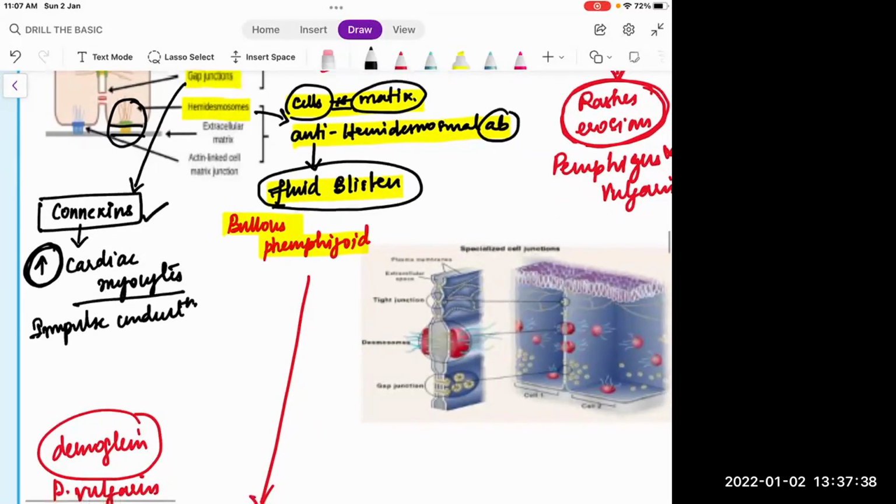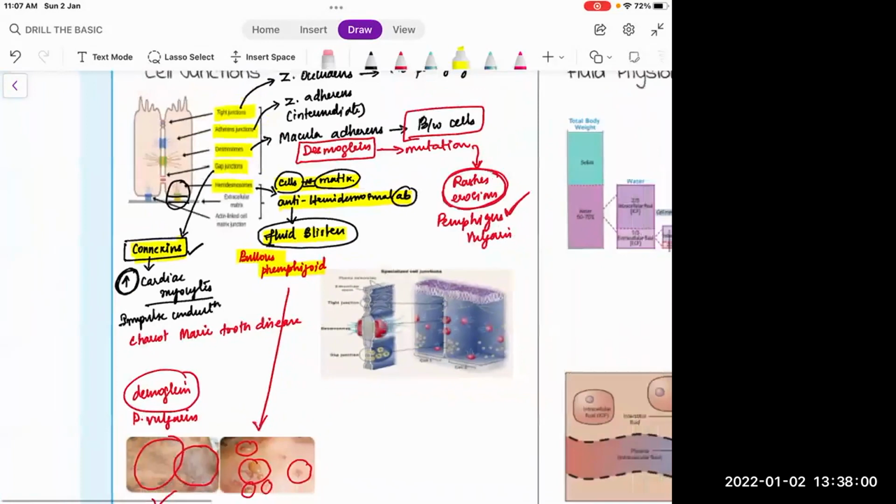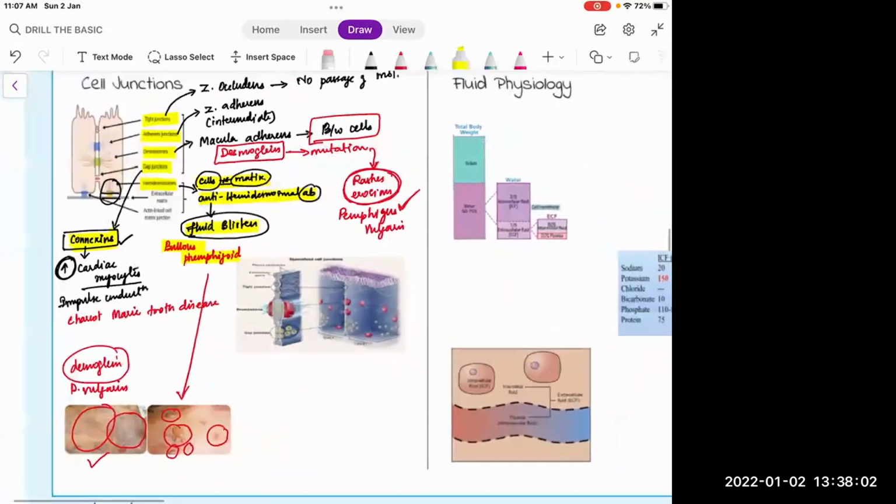Okay, so when there is any defect in this connexin protein, you will encounter the condition called Charcot-Marie-Tooth disease. That is because of the mutation in the connexin protein. So in cell junctions, we have seen desmoglein in the desmosomes.